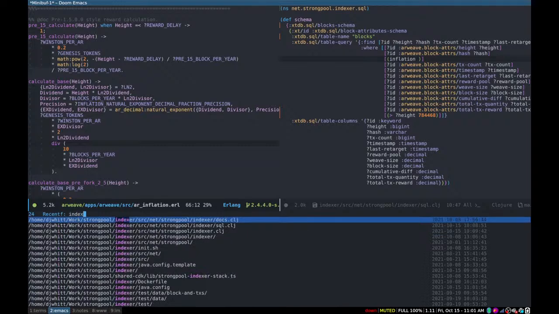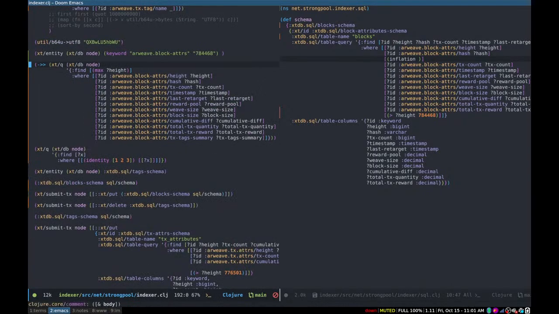Let me look. Have examples, identity. Yeah. So it'd be something like height. It's just completely computed off of height. And like that, I forget exactly.